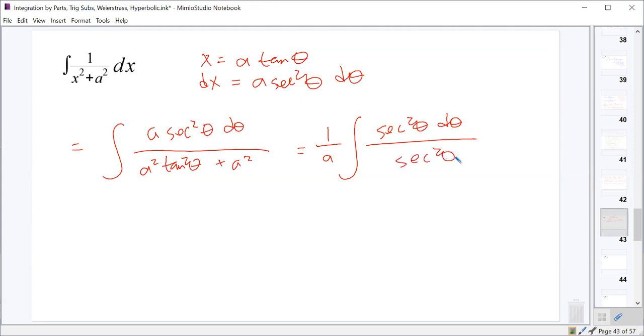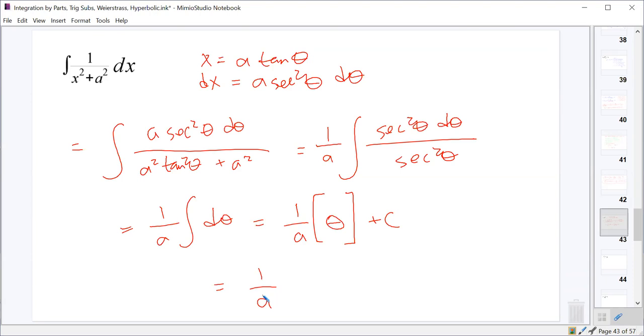So effectively, what we really got here is 1 over a times the integral of d theta. Well, what's the integral of d theta? Theta plus our constant. And so what's theta? Inverse tangent of x over a. Exactly.